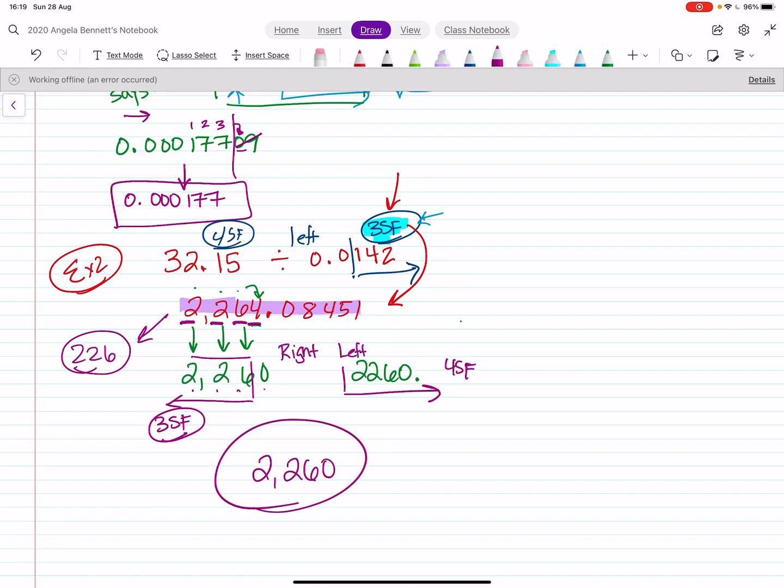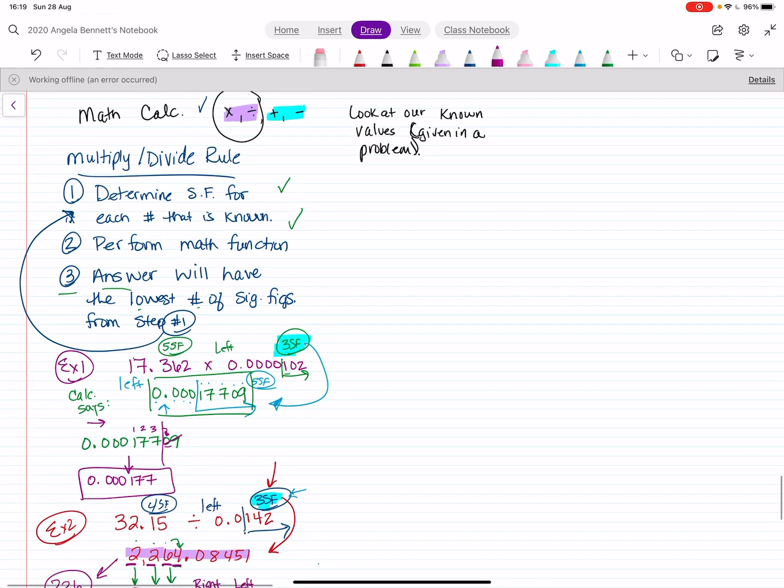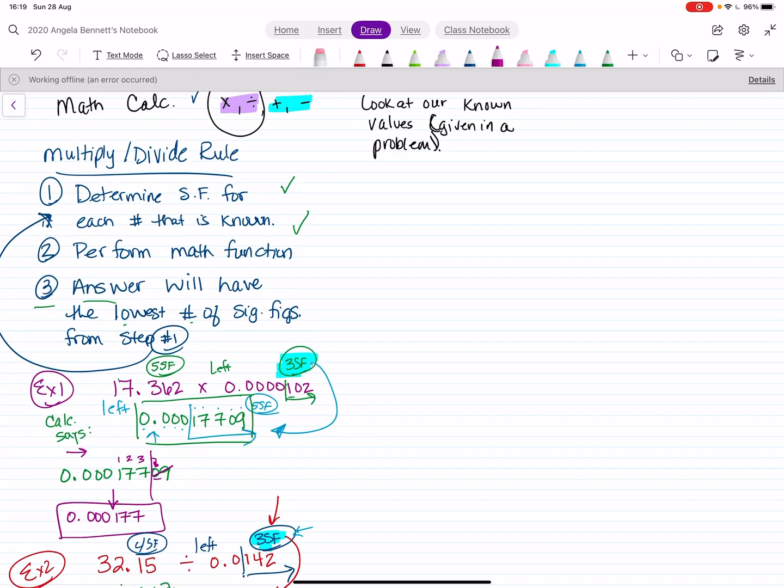Okay? Now that's math with multiply divide with sig figs. So let's do the add subtract rule and then we'll be done. For add subtract, like I said, you will use it at the beginning of the year, but honestly, most of what we do later is a lot of multiply divide.